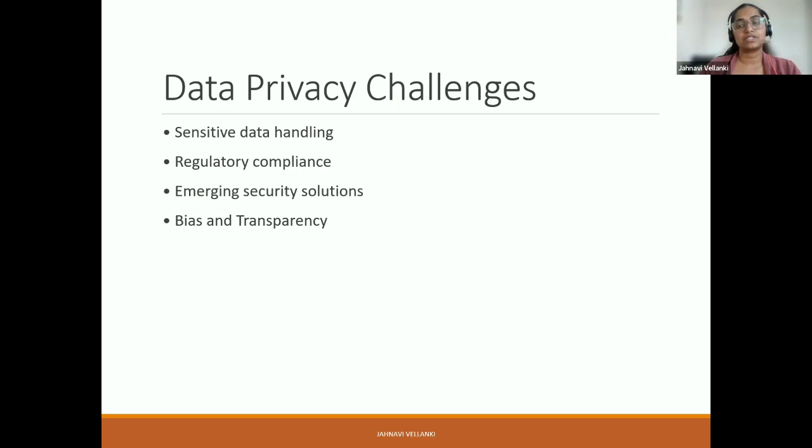AI systems can inherit bias from their training data, and that could potentially result in unfair or discriminatory outcomes, especially in sensitive areas such as recruitment for a clinical trial. And these are all linked back to the data.